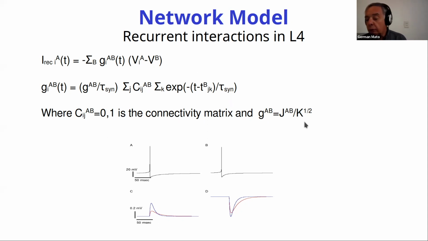We do this in order to have a well-defined balanced dynamics in the limit of large connectivity. In the lower panel, we see some examples of spikes of the neurons in the cortex and some postsynaptic potentials that have realistic values of a few tens of millivolts. I mean, we choose the synaptic strengths to have some reasonable value of the postsynaptic potentials.